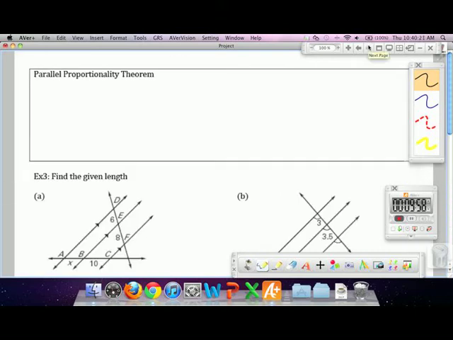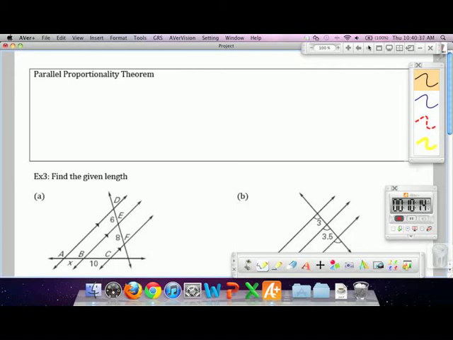On the reverse side, our third theorem for today, the parallel proportionality theorem, is an extension of the first one. So rather than only having one triangle and two parallel lines, if we now generalize and add maybe a third, you can use this to generalize farther.